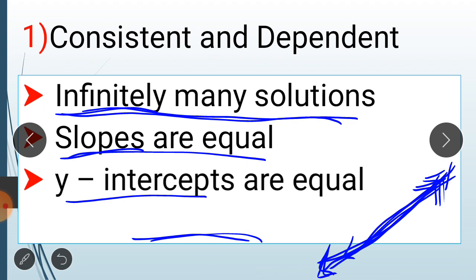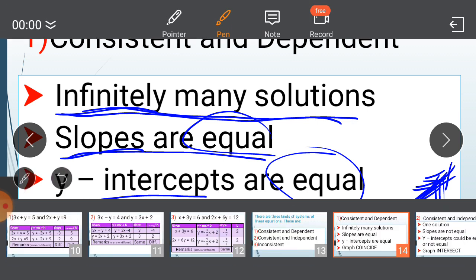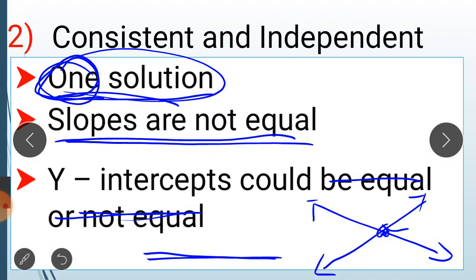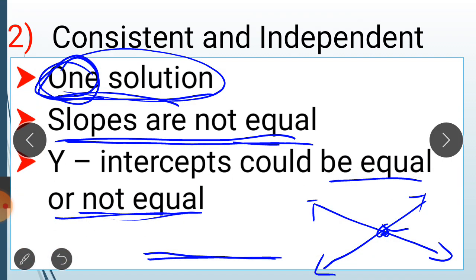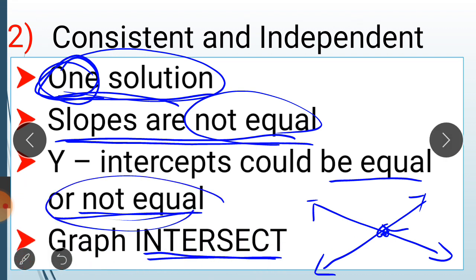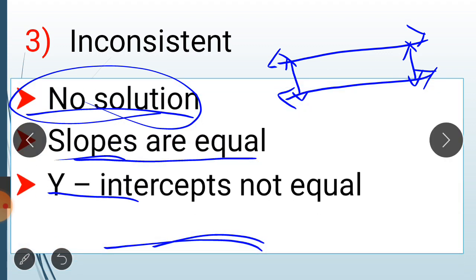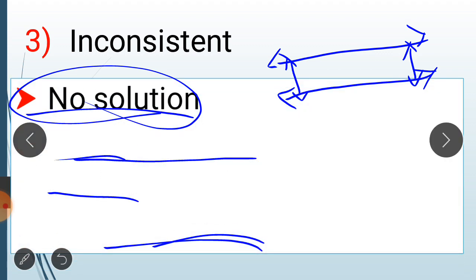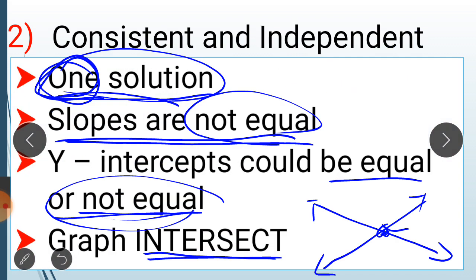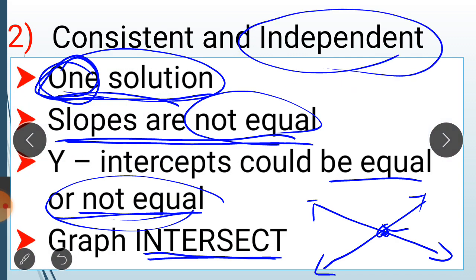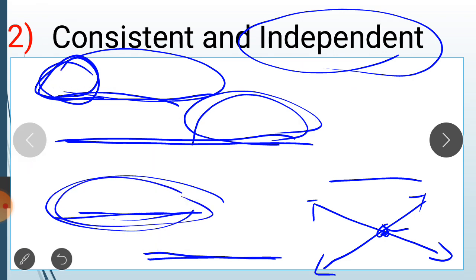This is not dependent, because dependent means equal. Independent is mostly not equal, right? And the third one is equal, not equal. Therefore, number 1 is consistent and independent because it is not equal, or different.